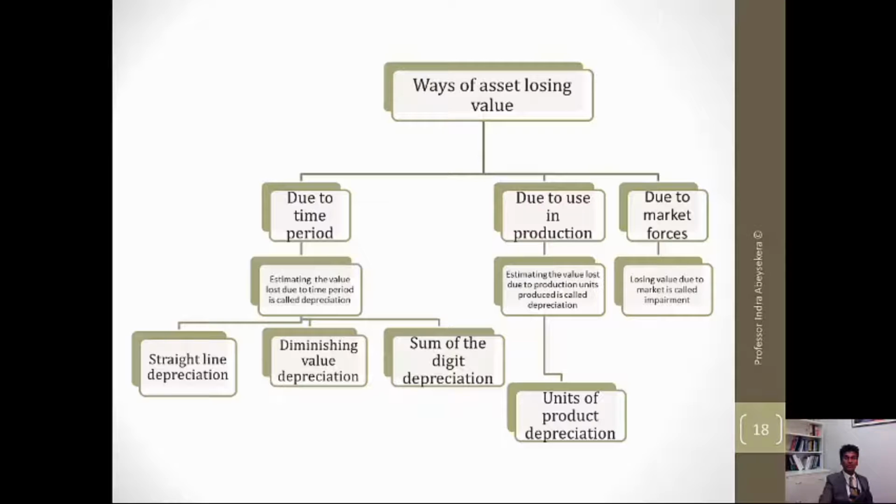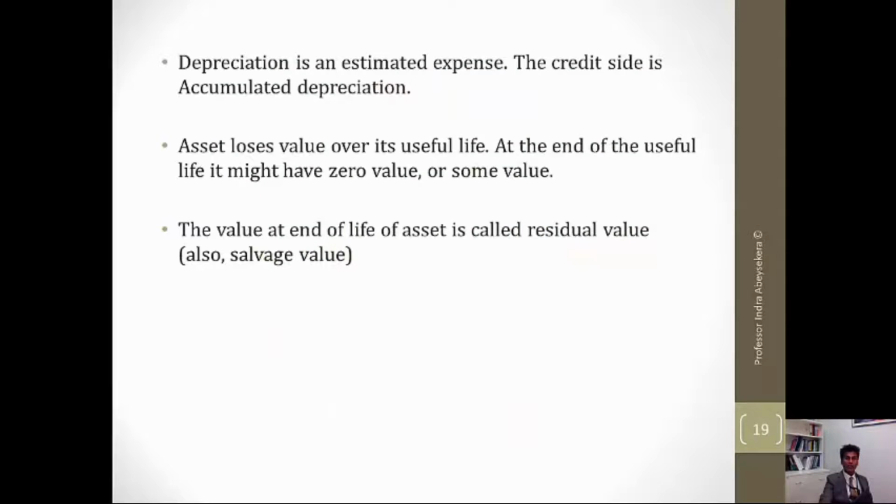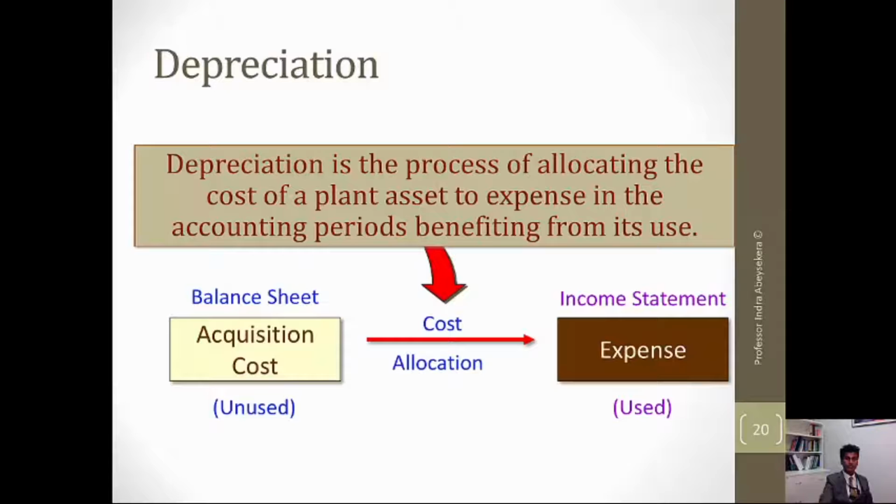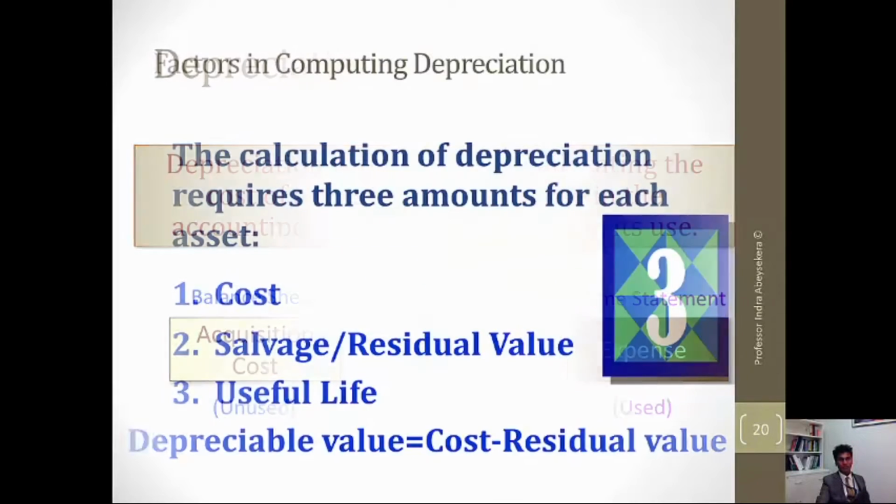Due to use in production, the asset value is lost because the asset is being used; the more units are produced, the more value the asset loses. So when the asset is acquired, this depreciation or the loss in value of the asset becomes an expense.